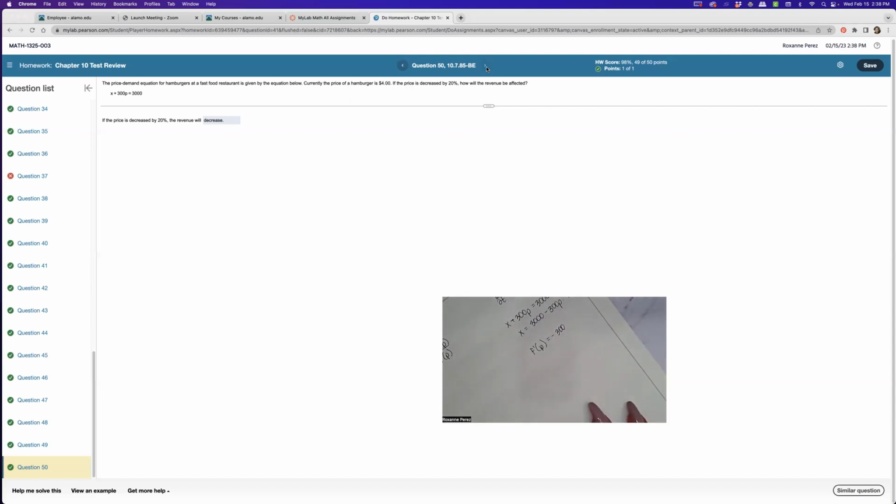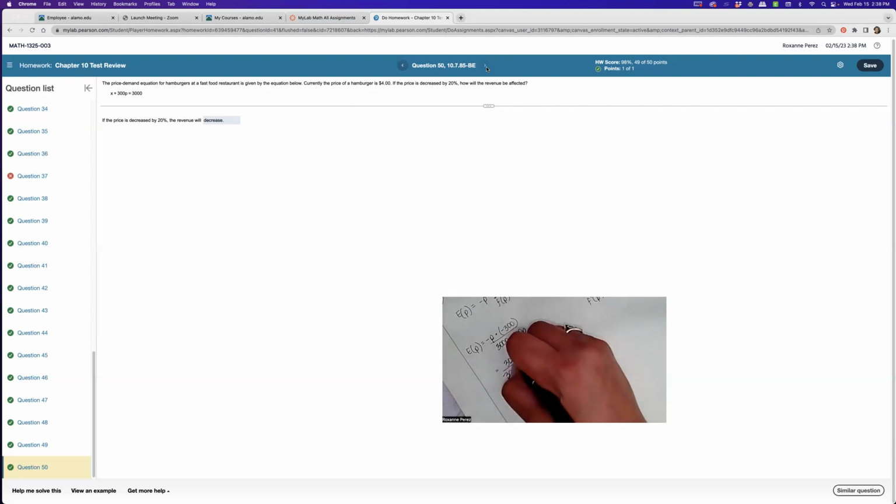Okay, so now I have all my pieces of information to start plugging in. So E of P equals negative P times F prime of P, which is negative 300, divided by F of P, 3,000 minus 300P. Okay, so I'm just going to rewrite this. 300 divided by, I'm going to factor 300 out of both of these terms. So that's going to give me 300 times 10 minus P. The 300 is going to cancel.